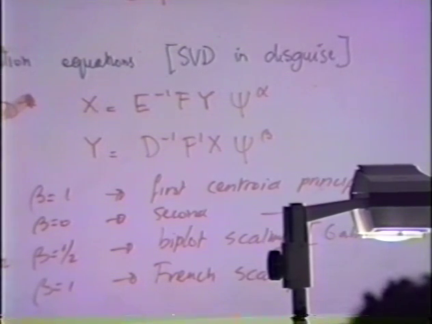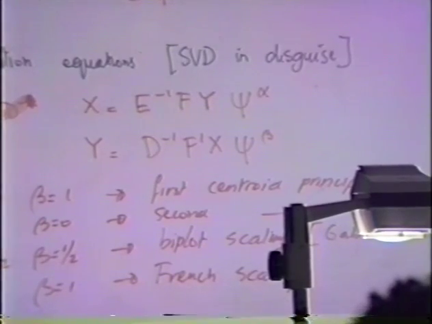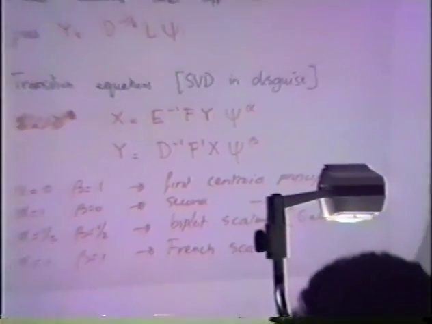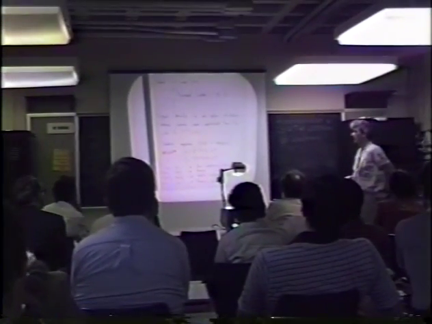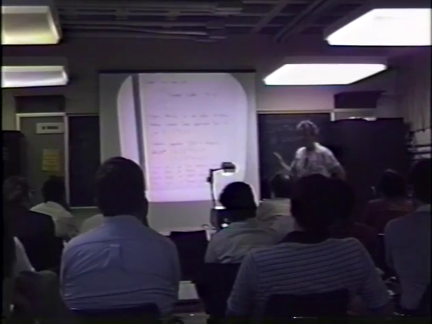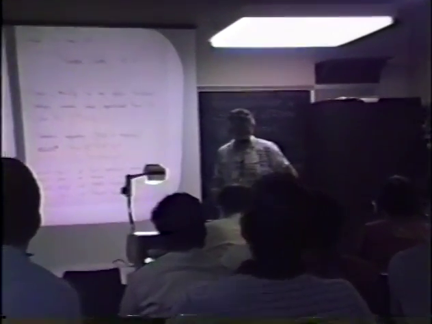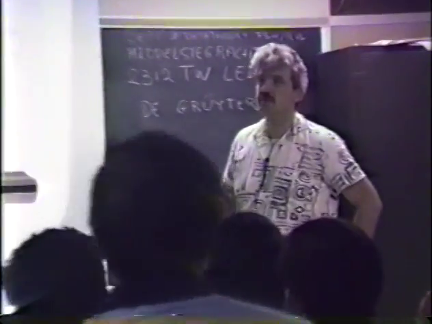Neither are the rows weighted averages of the columns, nor are the columns weighted averages of the rows. But what you do have is this biplot interpretation, which, well, I'm not going to elaborate on, but it means that the inner product of a row vector and a column vector approximates the element of the original data matrix. So there's an inner product type of approximation if you use this particular type of scaling.